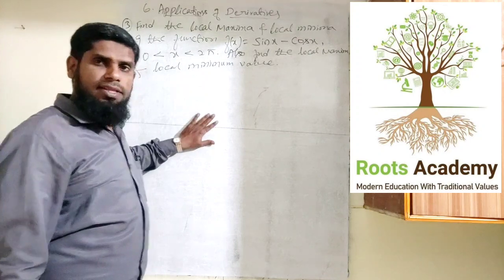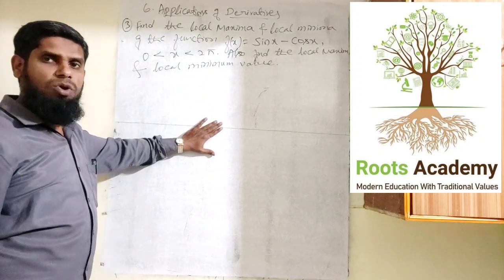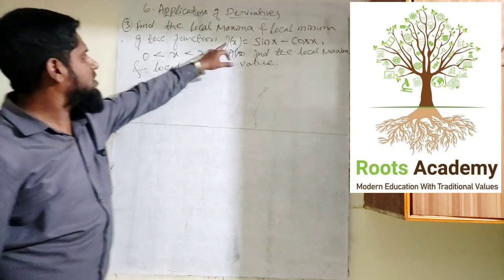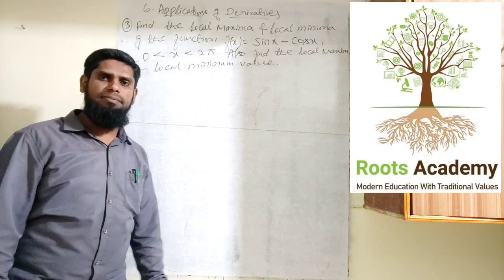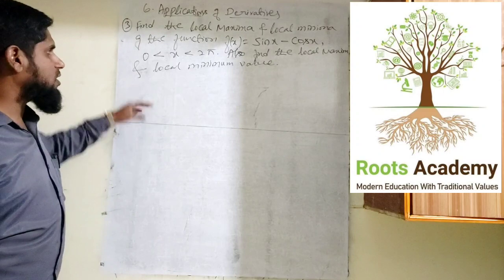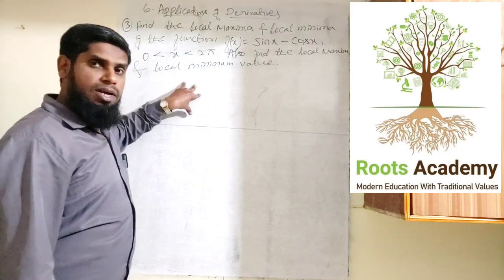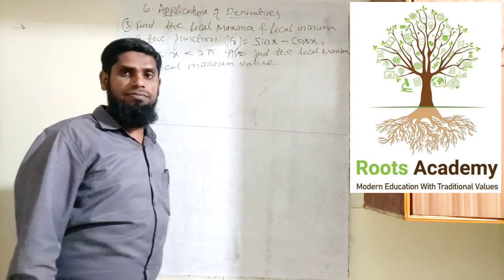First he is declaring that we should find the local maxima and minima of this function, meaning where exactly the function is getting maximum and minimum. Then after that he is asking us to find the minimum as well as the maximum value of the function.